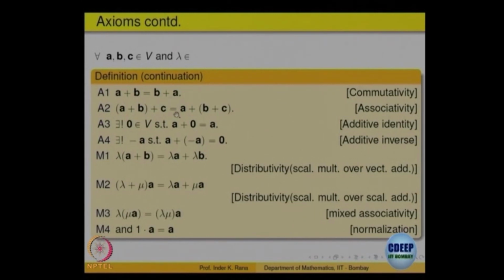Addition is commutative and associative. There exists a unique element 0 in V, a zero vector, such that A plus 0 is A, and that is the same as 0 plus A because of commutativity.